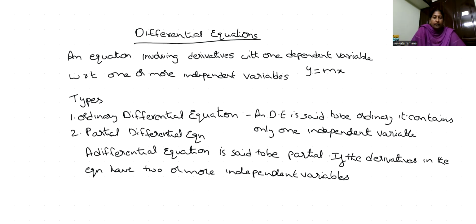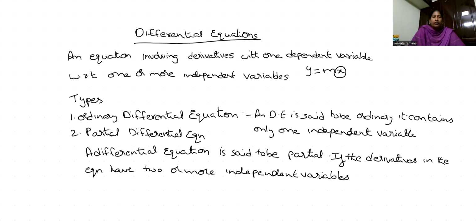So x is said to be the independent variable and y is the dependent variable. If x is equal to 1, we get y equal to 1m. If x equal to 2, we get y equal to 2m. So we are giving the values for x and we get the values for y. So x is independent, and y is dependent.